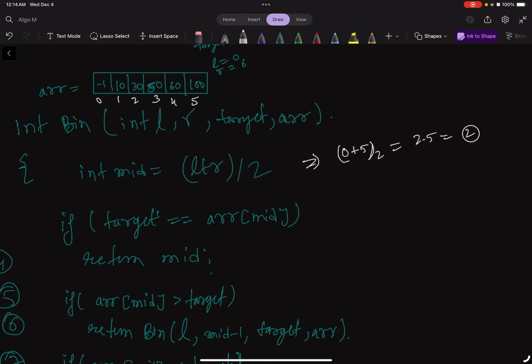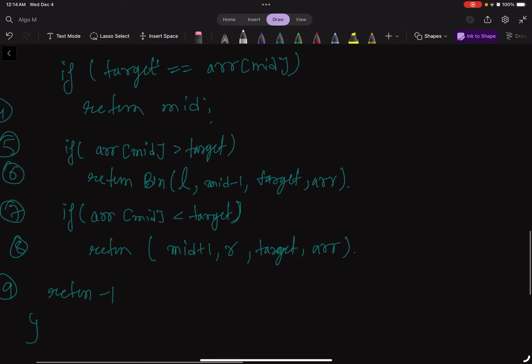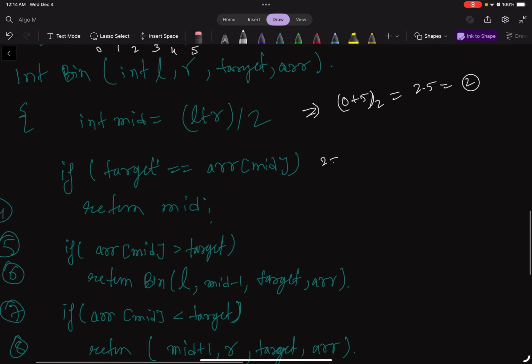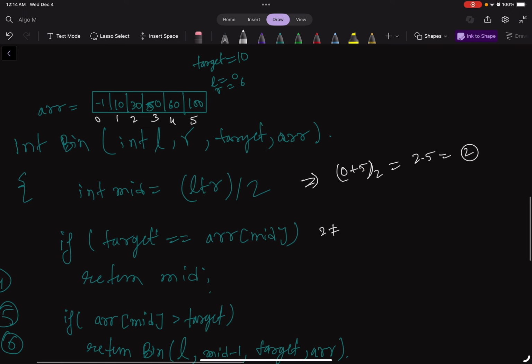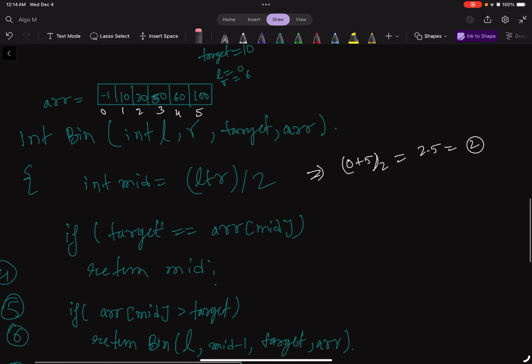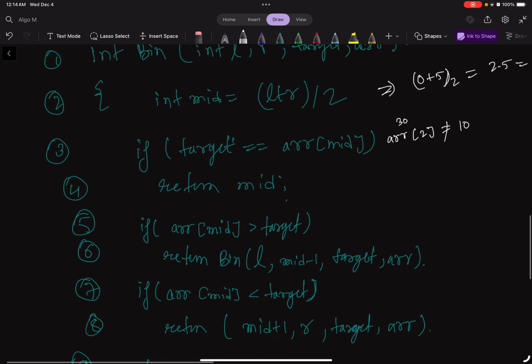So at index 2, ARR of 2 is not equal to 10, and this value is 30. So this case will be applicable.